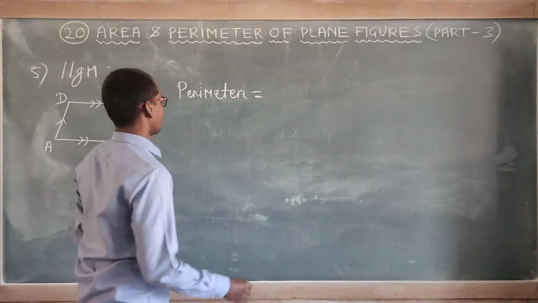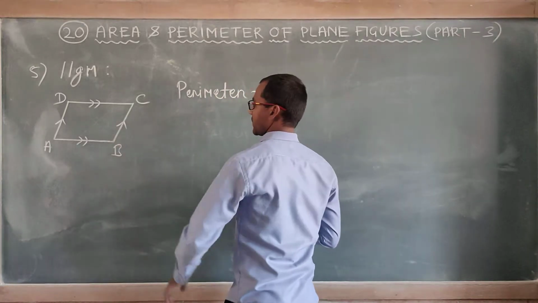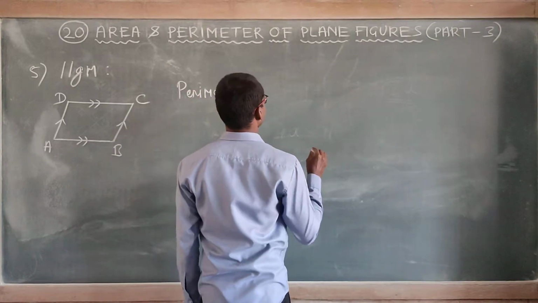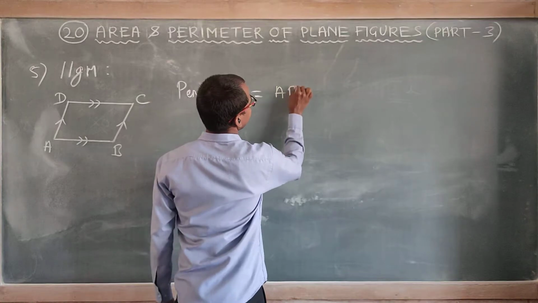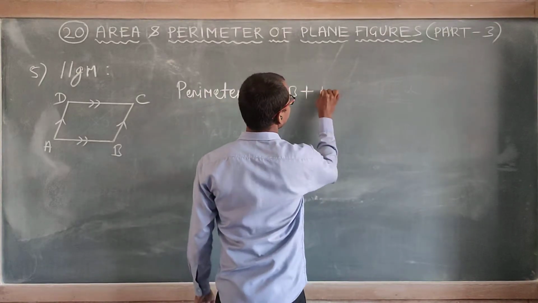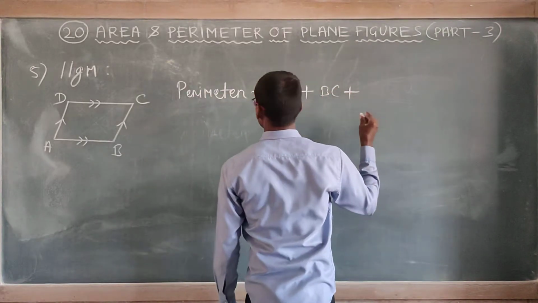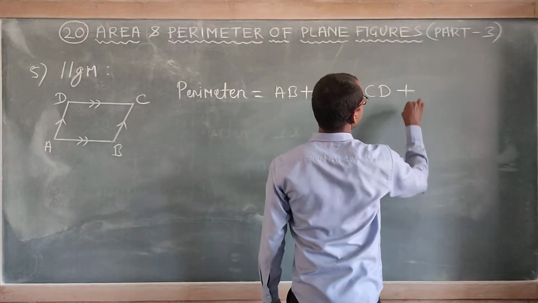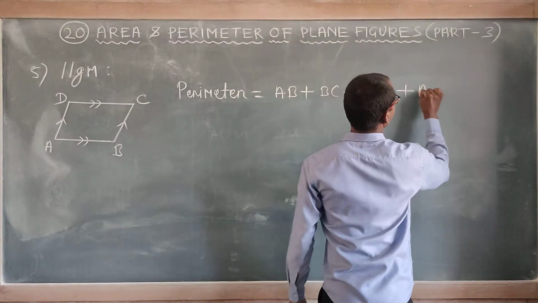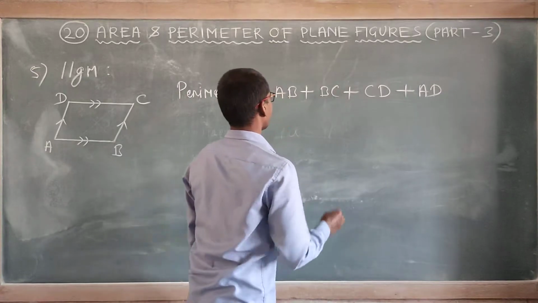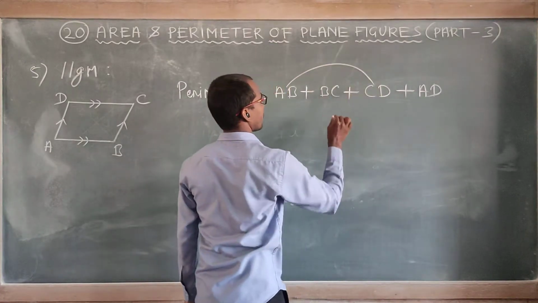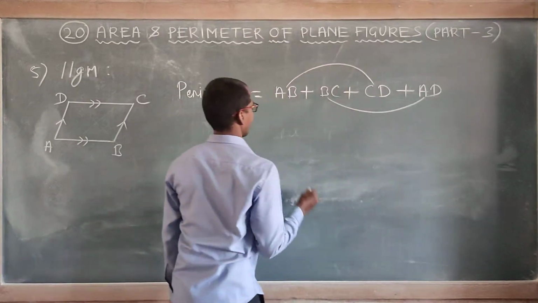Perimeter is equal to the sum of all the sides: AB plus BC plus CD plus AD. But AB and CD are equal, and BC and AD are equal.